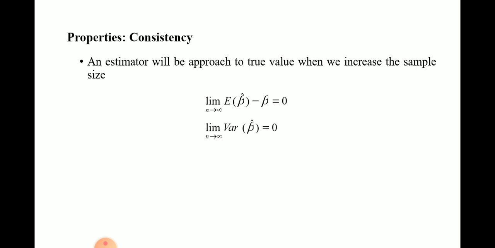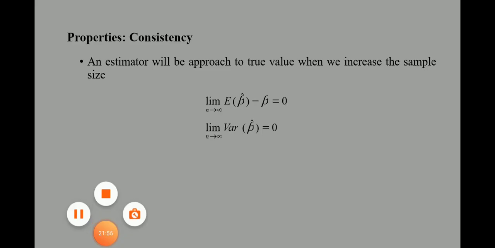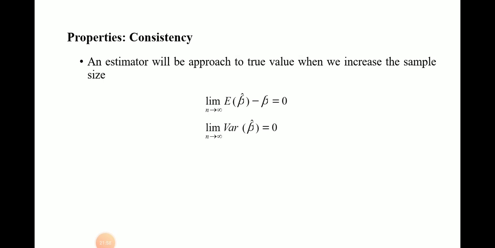Apart from this, in large samples they will be asymptotically efficient, or you can say consistent. This is what we call BLUE, or best linear unbiased, or the Gauss-Markov theorem.